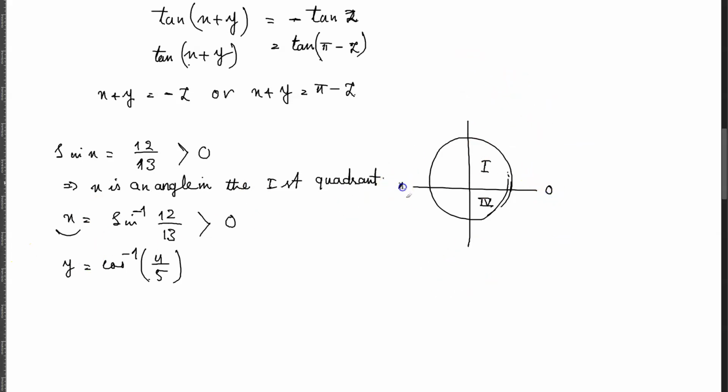So you have 0 over here and pi over here, and this is the range of the cos inverse function. That means for all the values that you're allowed to enter into the cos inverse function, you're going to get some angle between 0 and pi, which is going to be a positive value anyway. So you have no problem there.